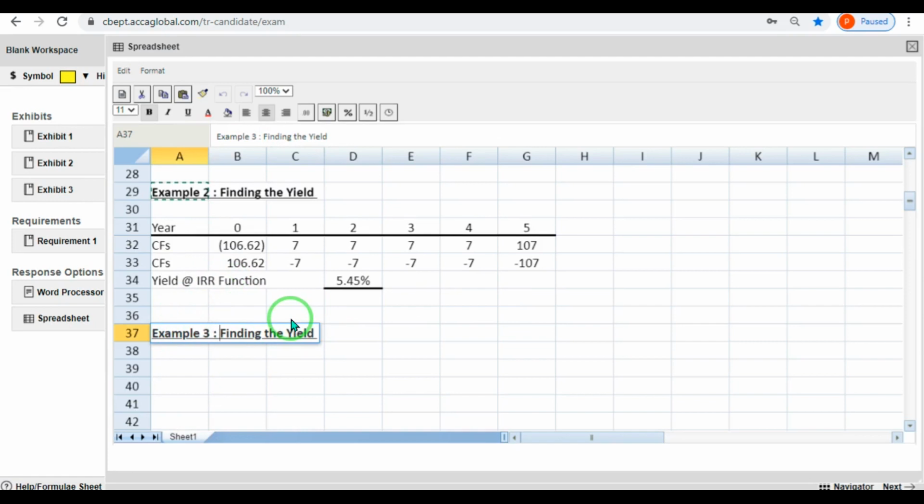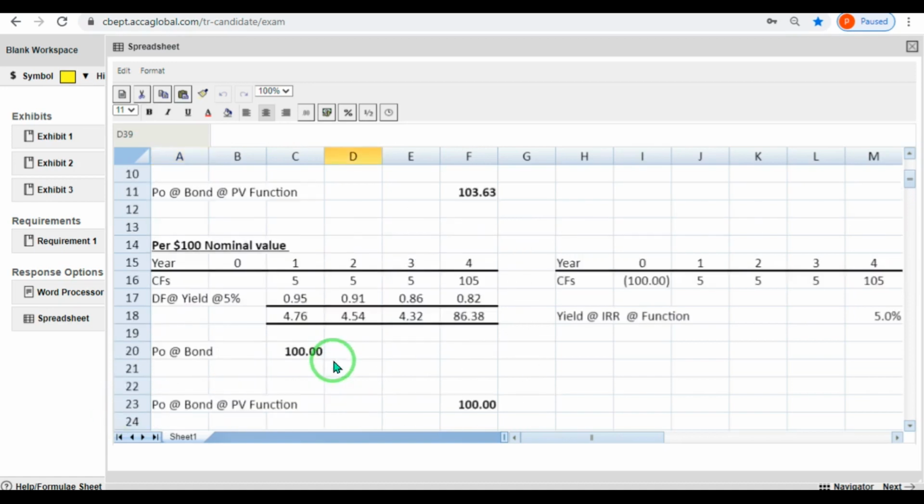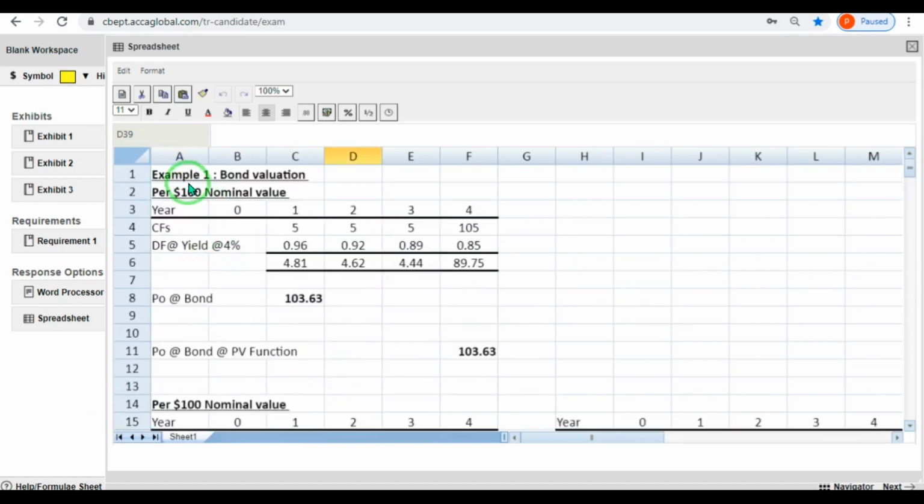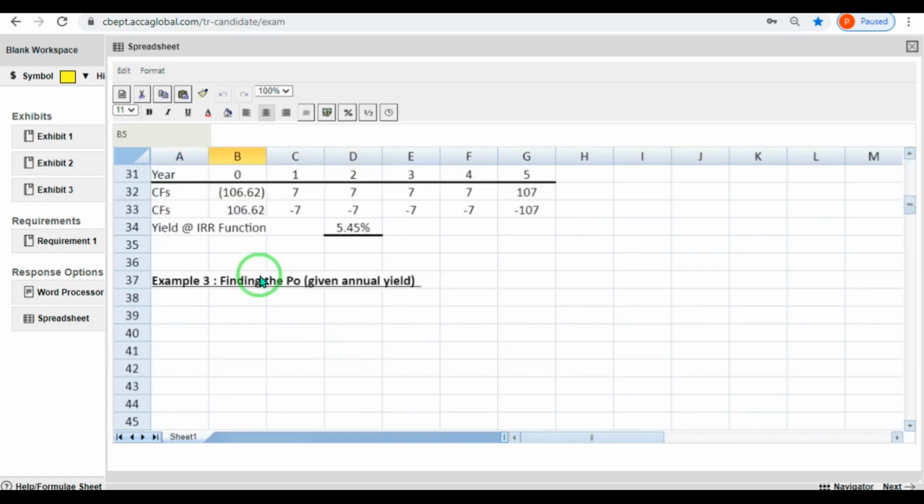Example number 3, finding the price given annual yield of the company. It's not yield to maturity. Example 1 is finding the price given one yield, which is 4% or 5% or 6%. But this is actually a different example.